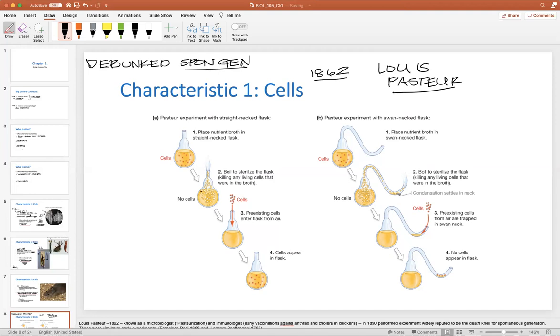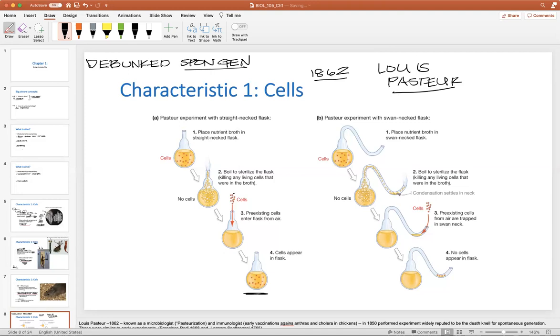And then he let this broth sit over time, and lo and behold, cells reappeared, right? Cells reappeared. So this actually would seem to support spontaneous generation. You had cells, you got rid of them, you let it sit for a while, and boom, suddenly they reappear.